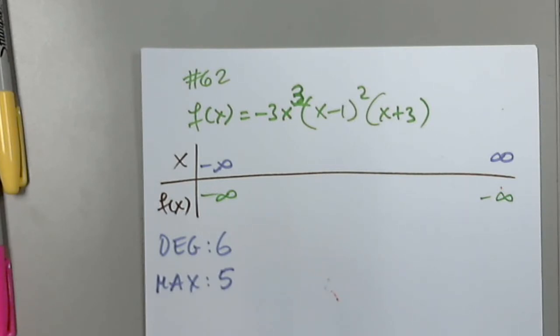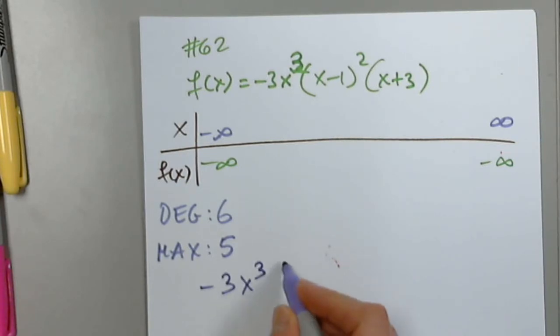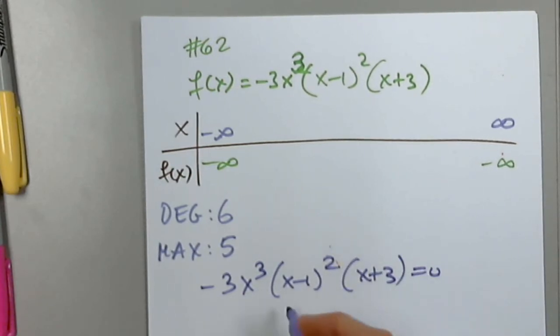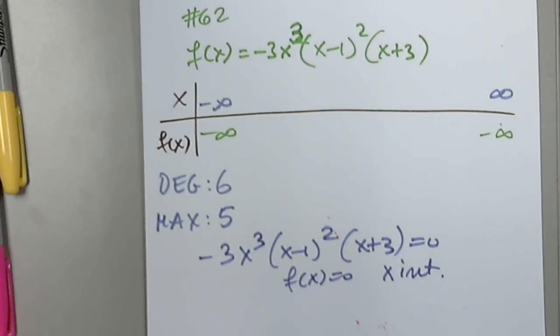How do I find the x-intercepts? What do I have to write? The whole thing equals 0. Very good. Negative 3, x cubed, x minus 1 squared, x plus 3 equals 0. In other words, f of x equals 0 in order to find the x-intercept. I need to clean it up first.